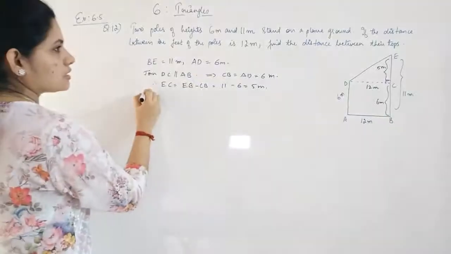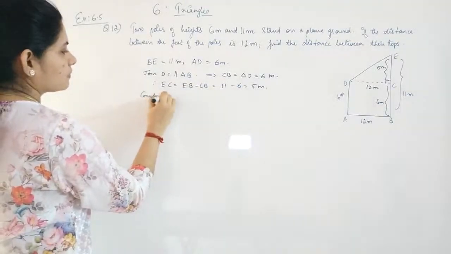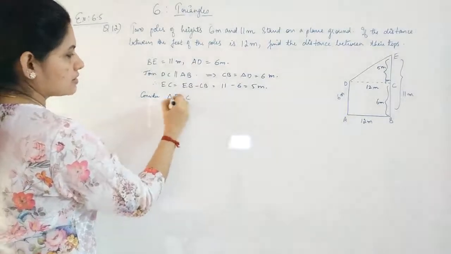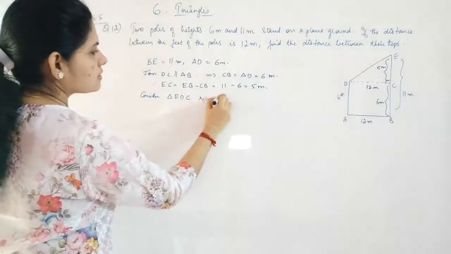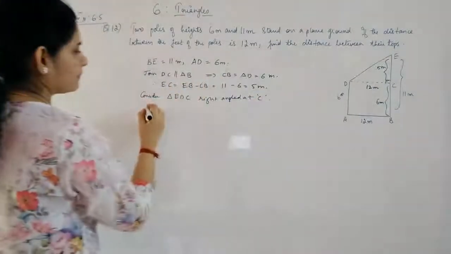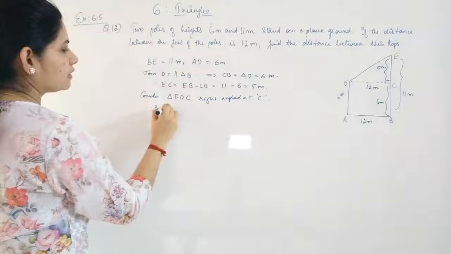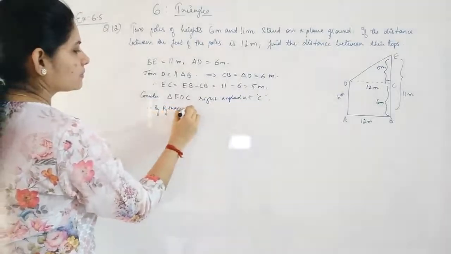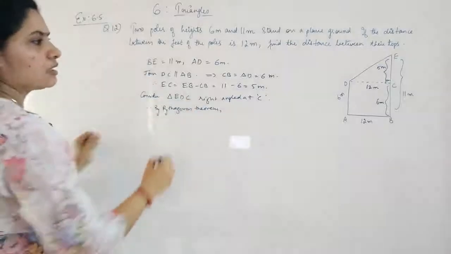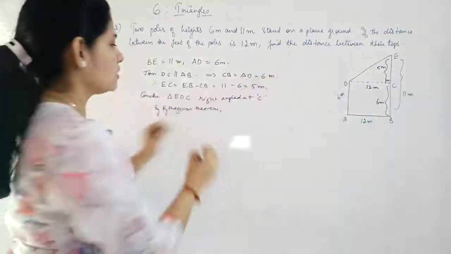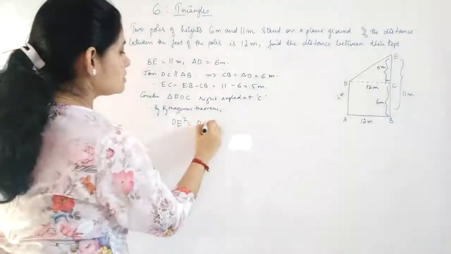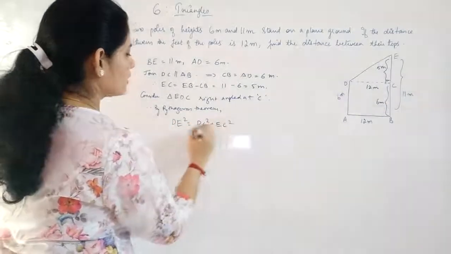Now consider triangle EDC, which is right angled at C. Therefore, by Pythagoras theorem, hypotenuse square, which is DE square, is equal to DC square plus EC square.